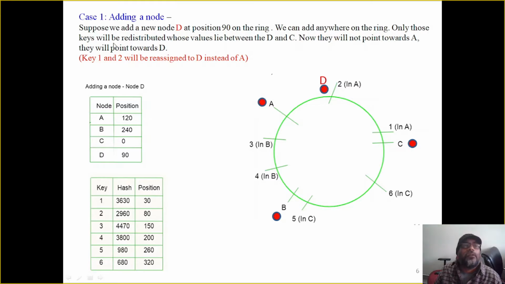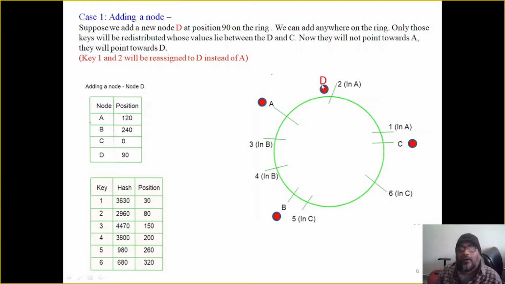Only those keys will be redistributed whose values lie between D and C. Now they will not point to A. What will they point to?